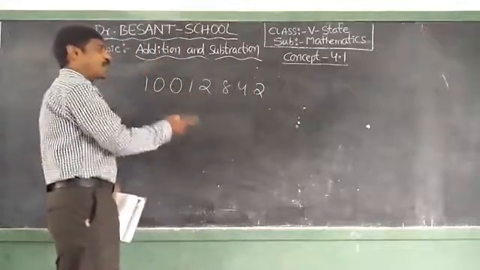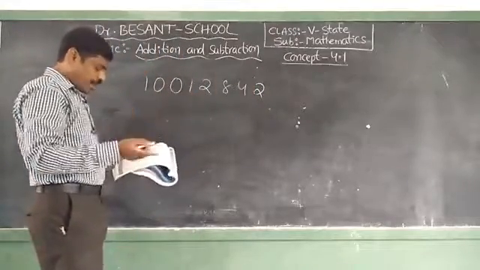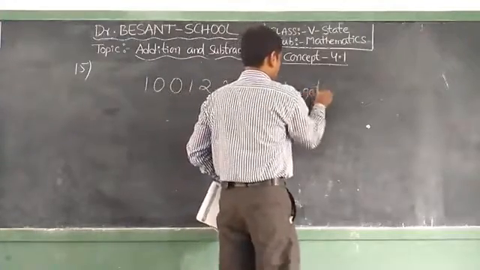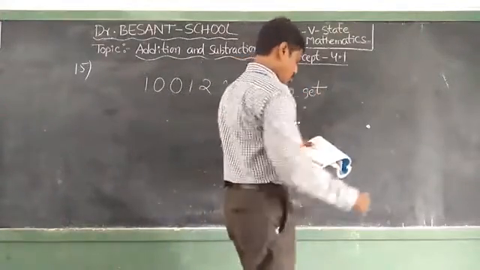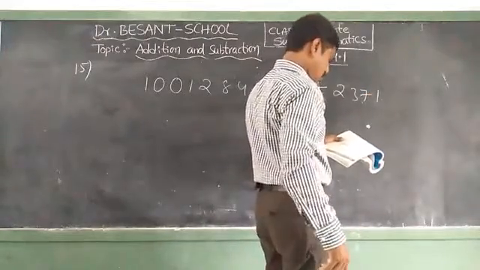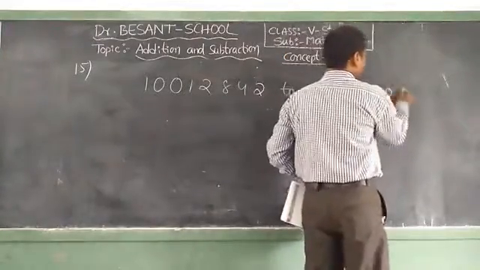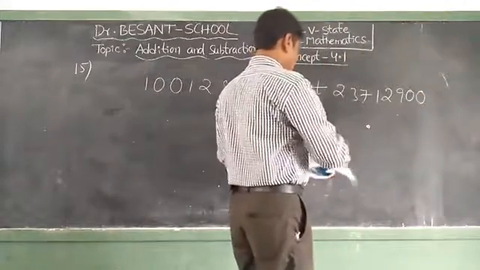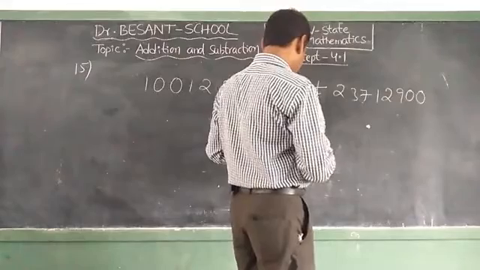What should be added to this number to get 2371290 290? Okay. Next, what should be added?